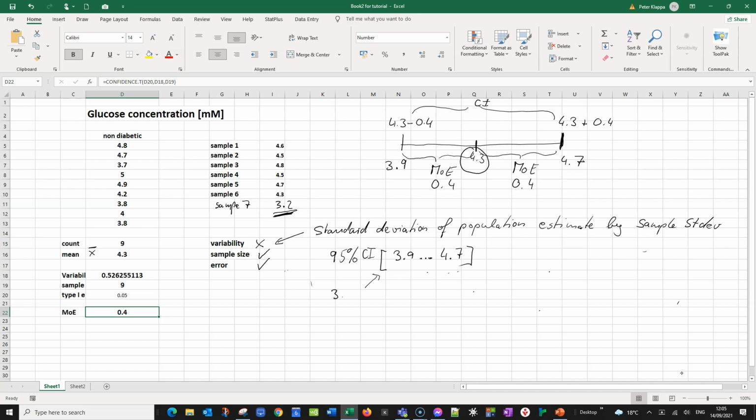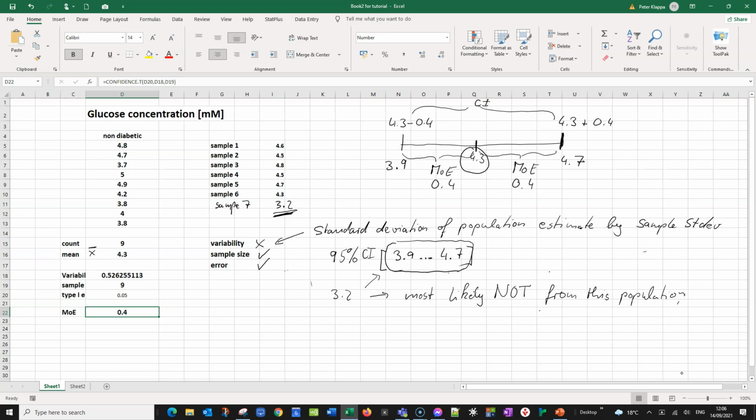So 3.2 is outside our confidence interval, and therefore we would say most likely not part of this population, not from this population, because this population should really have sample means only in this range.